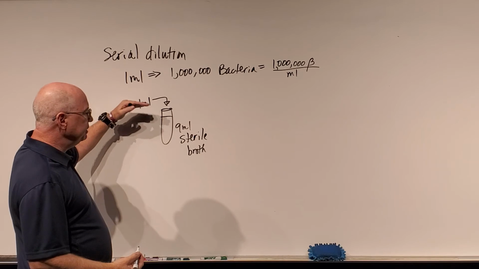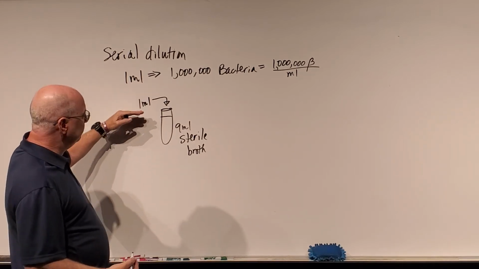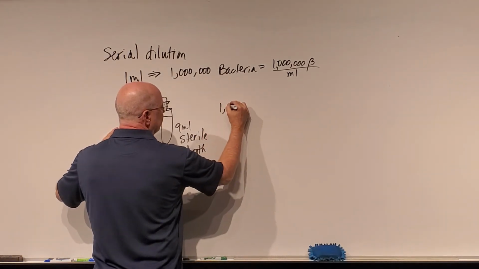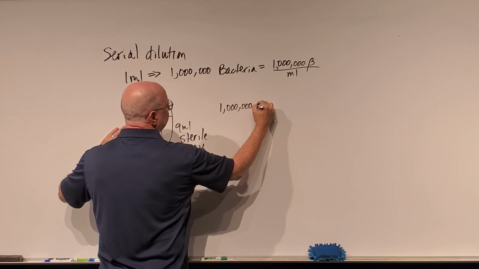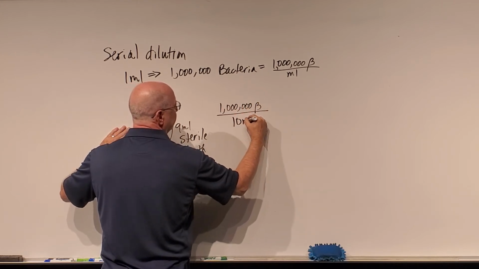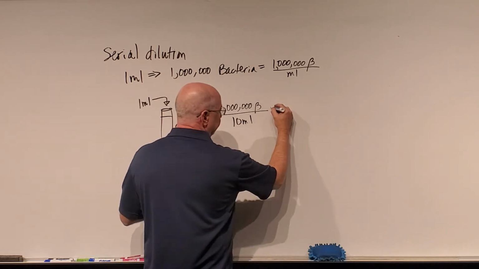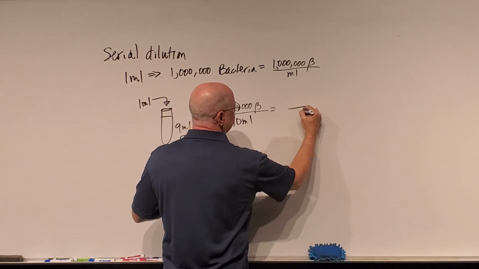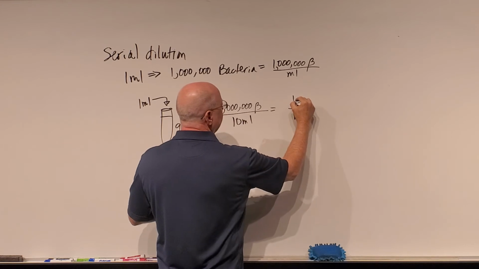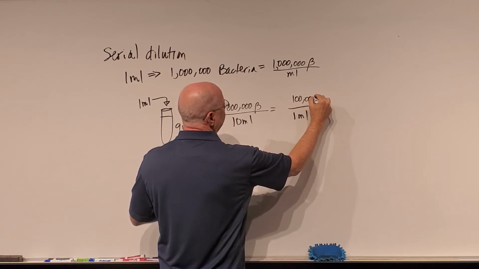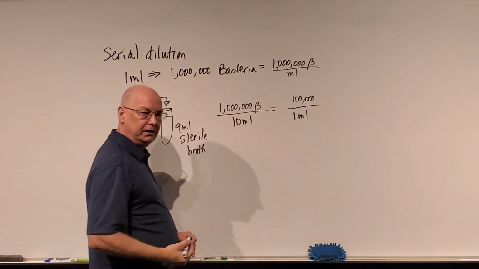If I put that 1,000,000 into 9 more milliliters, now I can say I have 1,000,000 bacteria per 10 milliliters. And if I divide out 10 for both of these numbers, I get down to 1 milliliter, and I take a 0 off. So now I have 100,000 bacteria per milliliter.